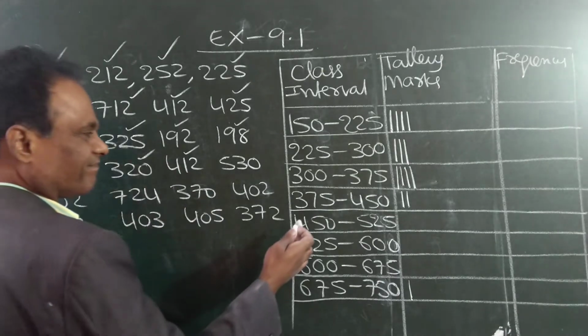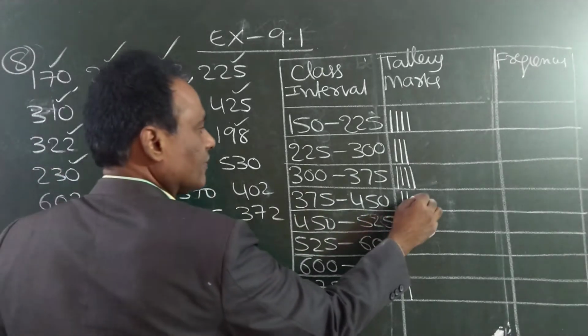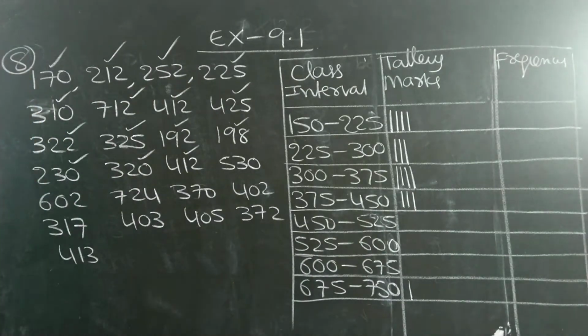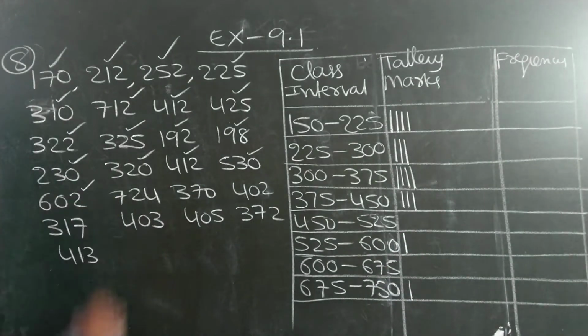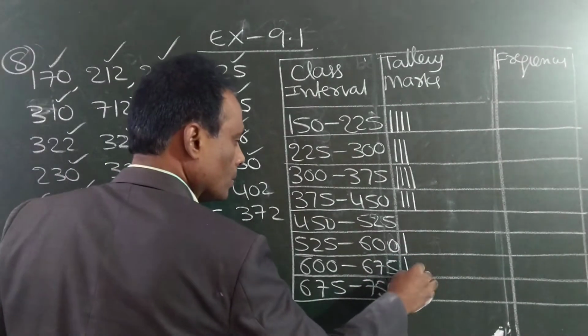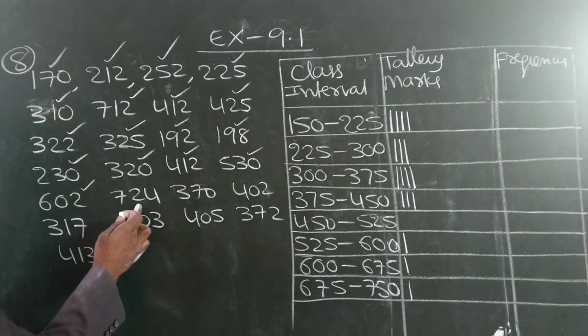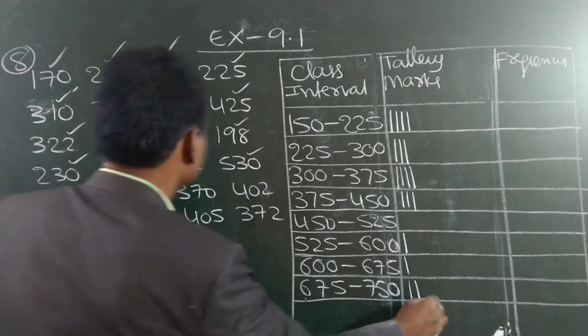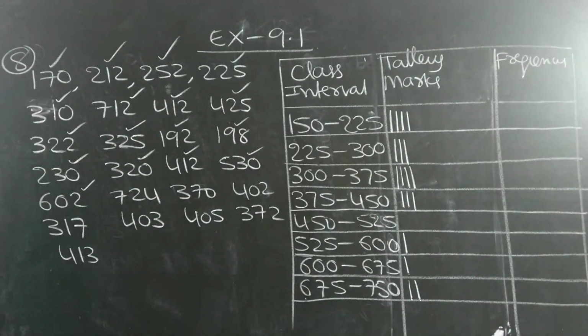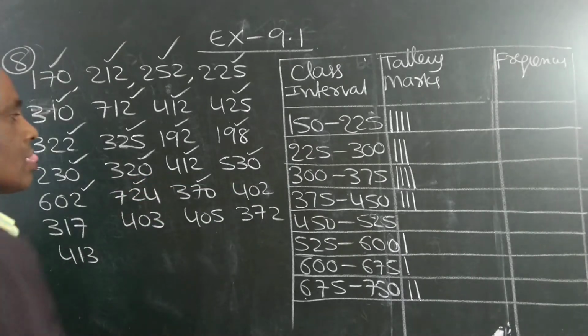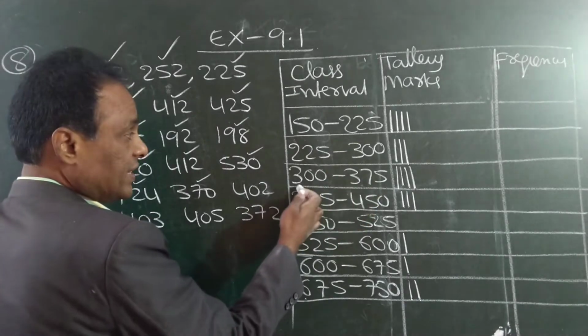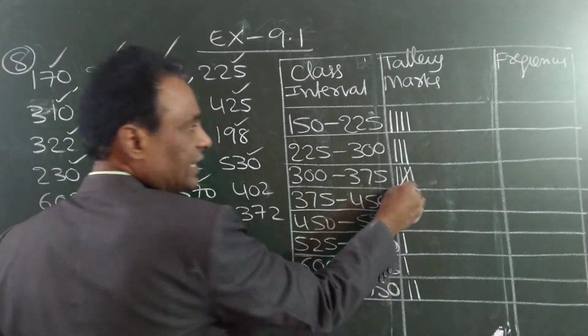412, 412 here. 530, 530 here. 602, 724 here. 370, 370 in this range. Fifth one is written like this, no?